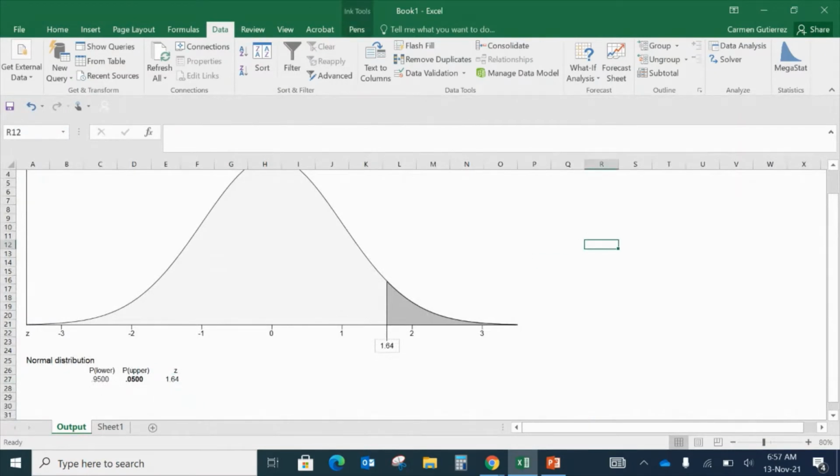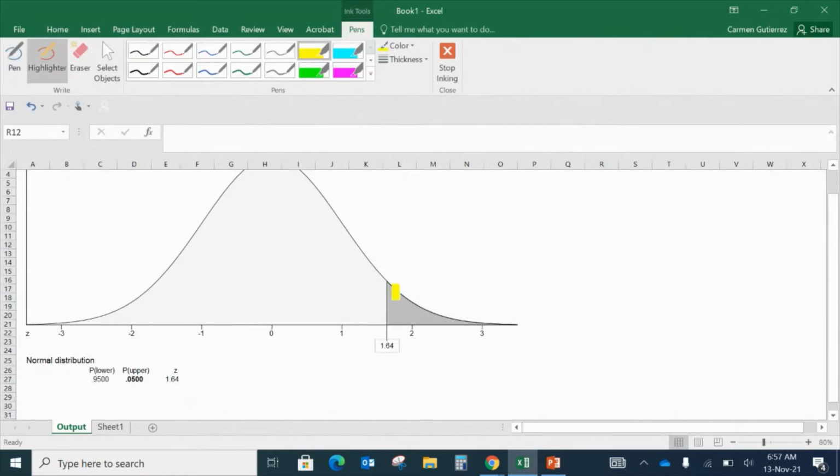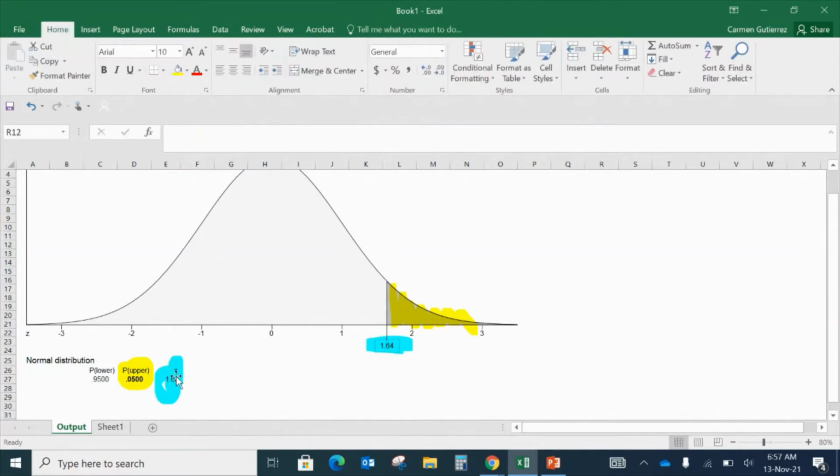We are looking at this upper area here. Is this upper area 0.05? The Z statistic, the critical value, is here: 1.64. On our slide it said 1.65.